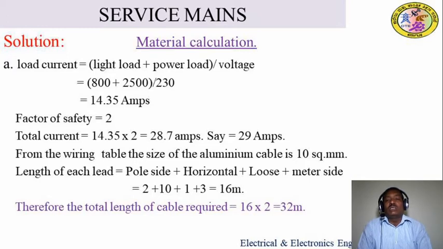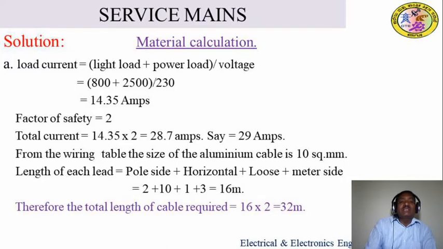Due to these reasons, keeping in mind the future increase of the customer's domestic load, you have to use a multiplication factor of 2 for the overhead service wire, which means you select double this current rating. So the total current is 14.35 times the multiplying factor of 2, which gives 28.7 amps, about 29 amps.